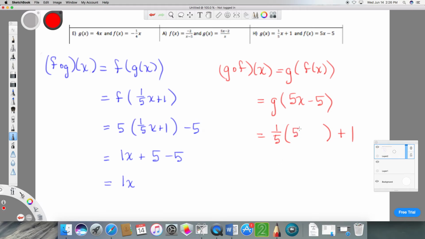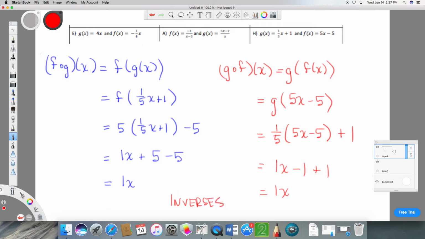So if we're taking 1/5 of this 5x minus 5, each of these terms gets multiplied by 1/5. 1/5 and 5 are reciprocals of each other, and so we get 1x minus 1, and the minus 1 and plus 1 cancel each other out, and we get just x. So we conclude that these are inverses of each other.